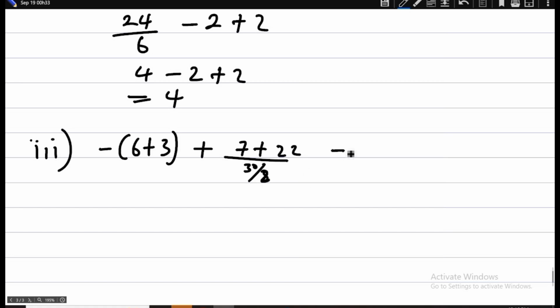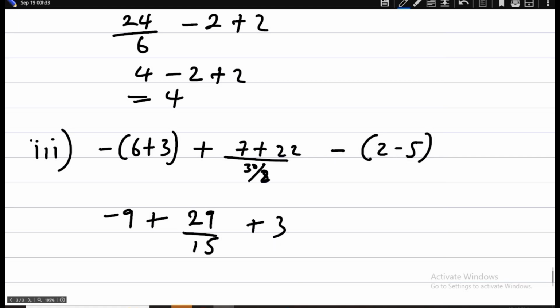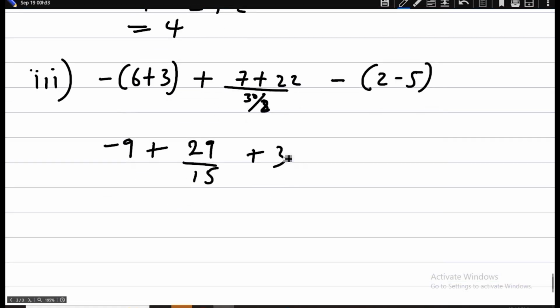So this is very simple. Inside there will give us 9. 9 times this will give us minus 9 plus, now 7 plus 22 will give us 29. So I'm having 29 over 30 divided by this will give us 15. Inside there is minus 3 times this will give us plus 3. So these two will give us minus 6 plus 29 over 15.